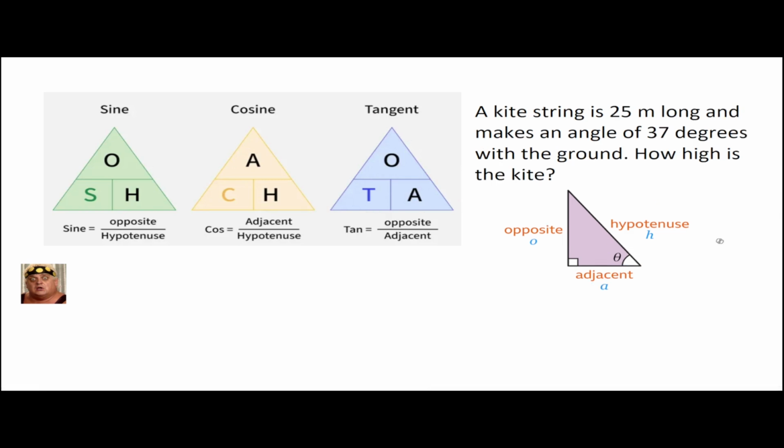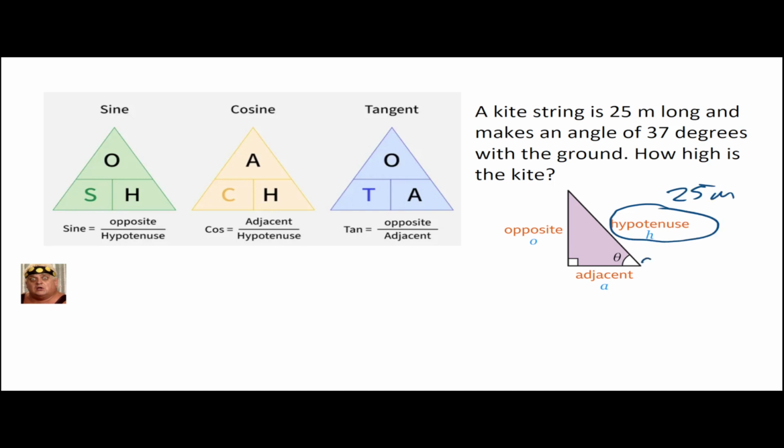In this one, we're told that a kite string is 25 meters long and makes an angle of 37 degrees with the ground. How high is the kite? Well, what have we got? We've got the hypotenuse, don't we? And that's going to be 25 meters.